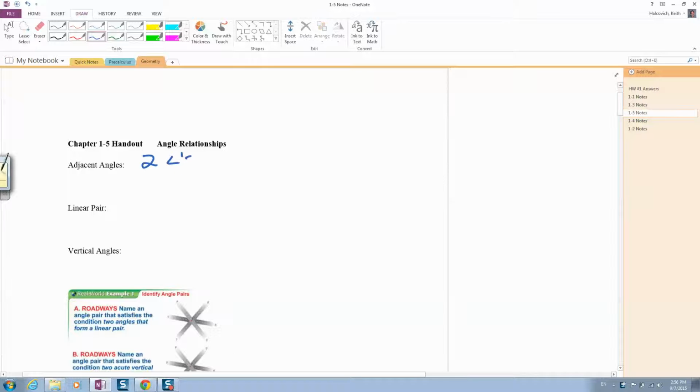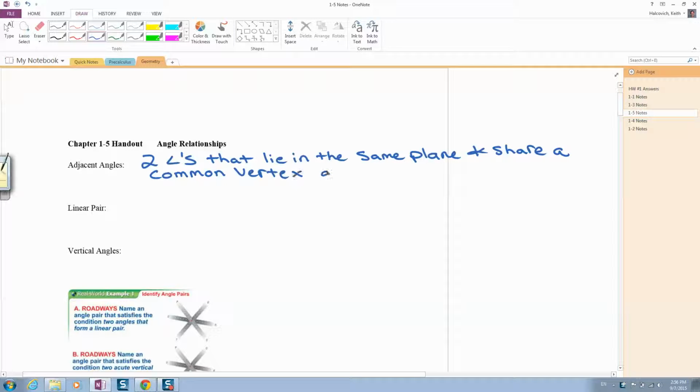There are two angles that lie in the same plane and share a common vertex and a common side, but they do not share any common interior points.